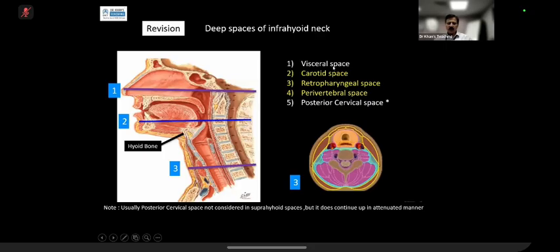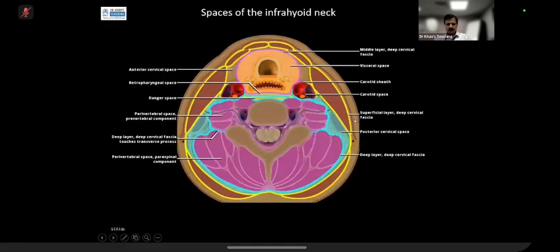On the other hand, the visceral space is only confined to the infrahyoid neck. Similarly, the posterior cervical space is quite big in the infrahyoid neck. Technically speaking, it does continue in the suprahyoid neck, but it is too attenuated. So we are going to leave the posterior cervical space, perivertebral space, and carotid space for the next time.